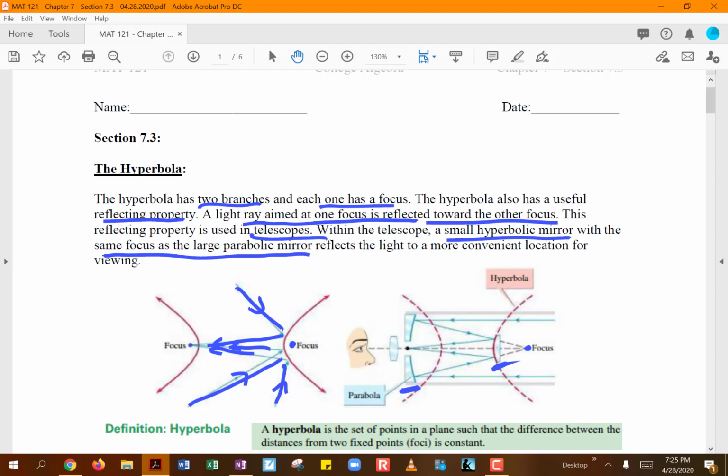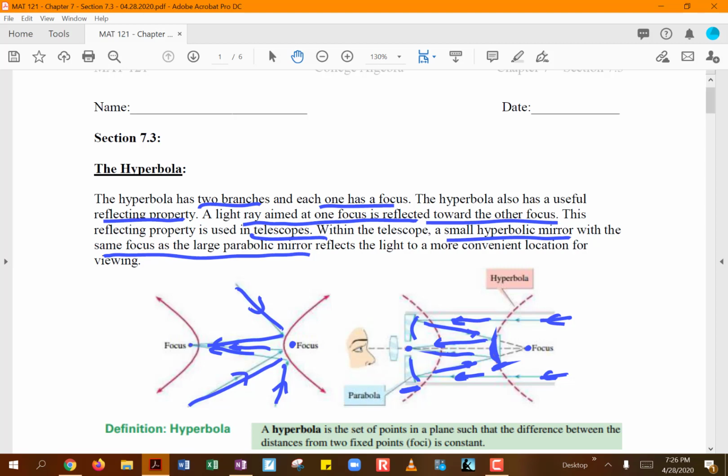The idea is, the light coming from a distant planet is going to bounce off the parabolic mirror, and of course it's going to start going towards this focus over here. But since we're blocking that with the hyperbolic mirror, it's going to bounce off this hyperbolic mirror right over here and get sent towards the other focus over here.